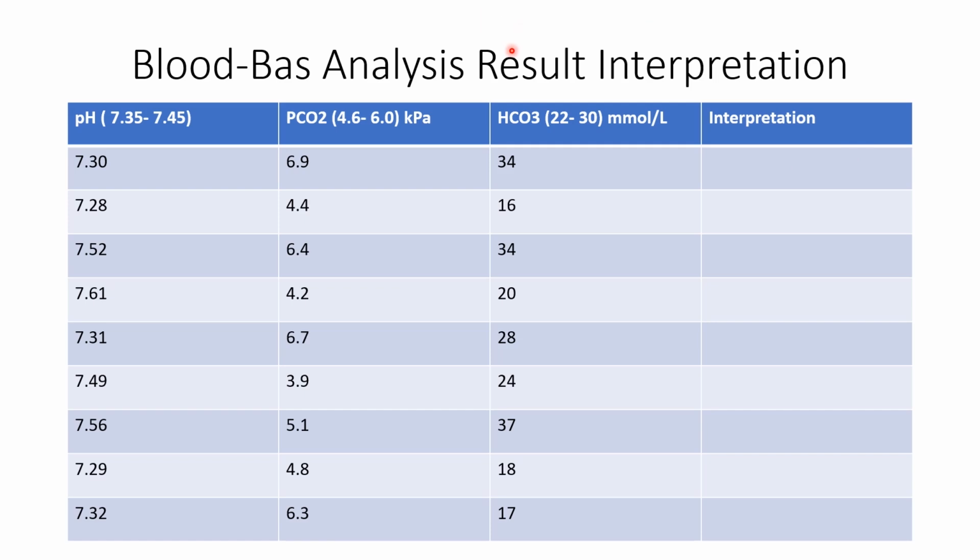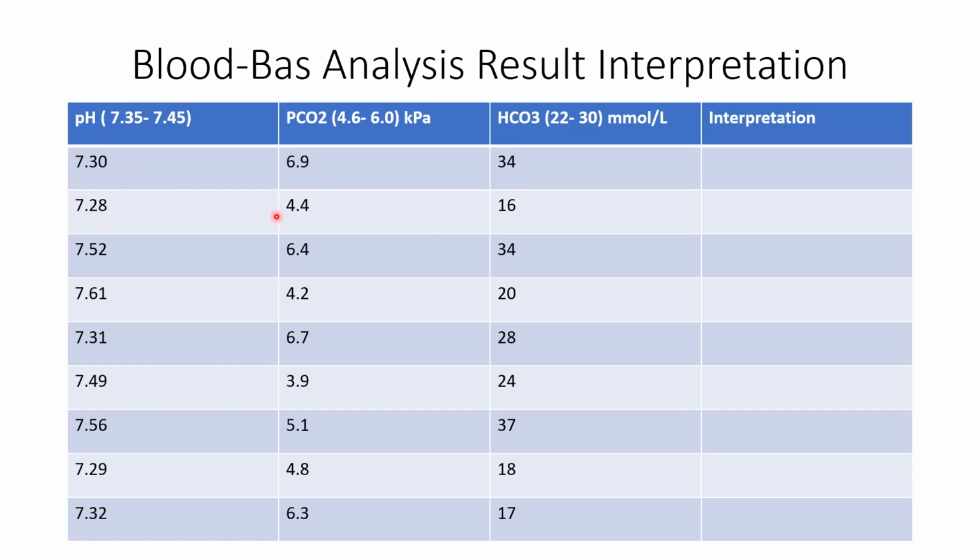In the second example, the patient has a pH of 7.28, which is acidotic, a partial pressure of carbon dioxide of 4.4, which is low and is alkalotic, and a bicarbonate of 16, which is low and acidotic. Between the respiratory and the metabolic component, it is the metabolic component of 16 which tallies with the pH, meaning that the patient has a primary pathology of metabolic acidosis.